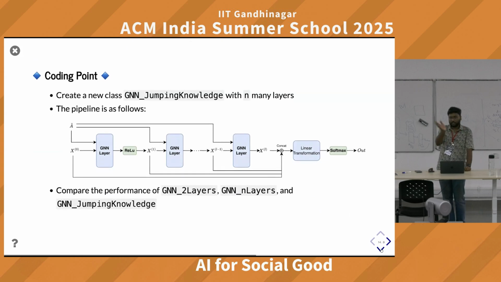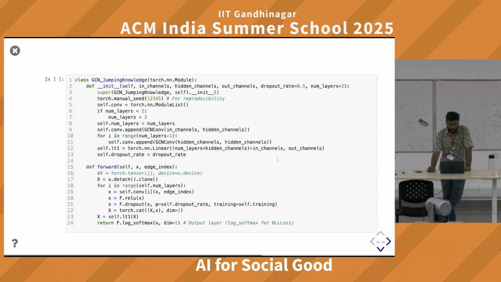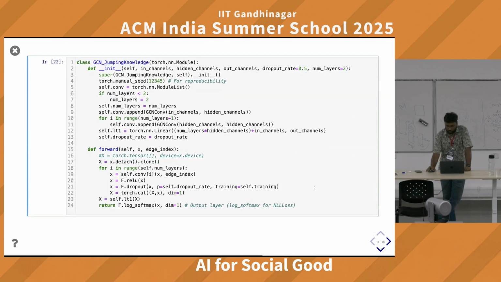So yeah, this is a jumping knowledge architecture where people just concatenate each layer's outputs together and then pass it through a linear transformation. You can implement it. I've already done that.